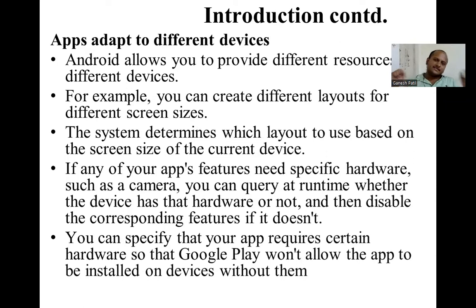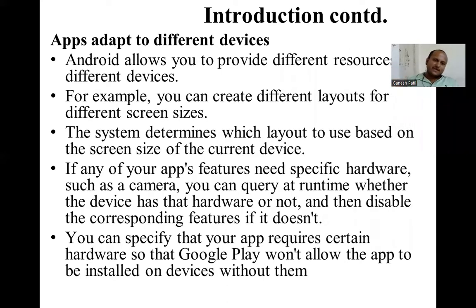The system determines which layout to use based on the screen size of the current device. Depending on your screen, whether 15.6-inch, 14-inch, 10-inch, or 6-inch, your layout should be properly displayed on that particular screen.